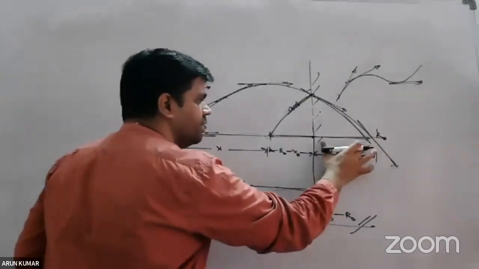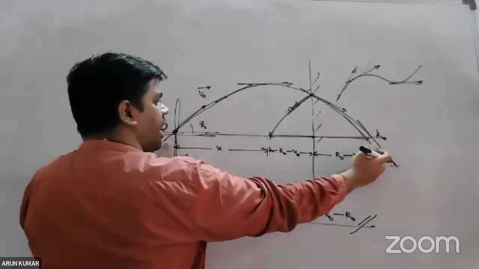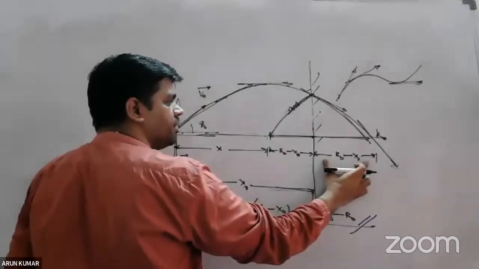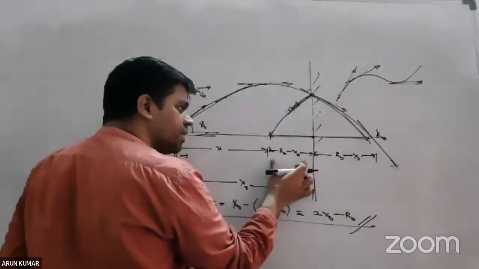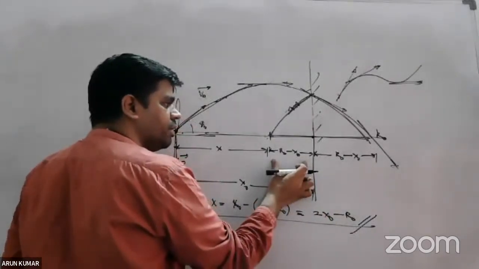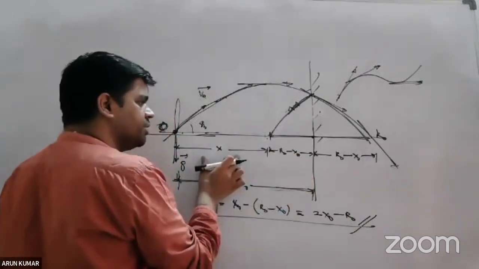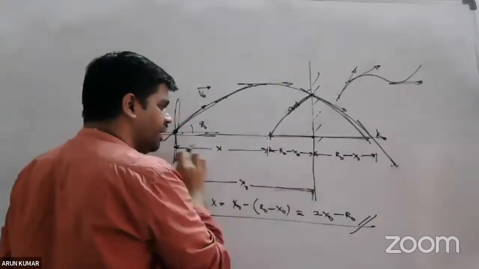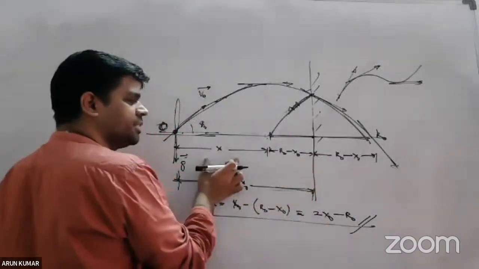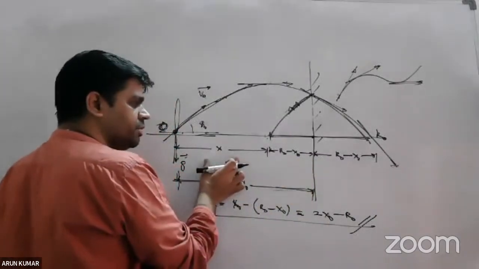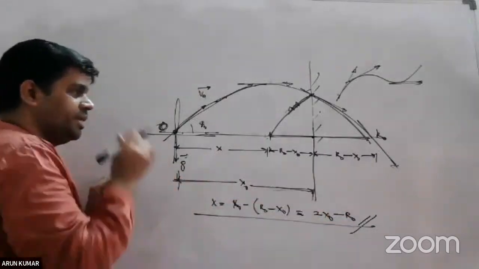The total distance is r naught, so this one is r naught minus x naught. So this is also r naught minus x naught. The total is x naught, so x naught minus (r naught minus x naught) is x. So 2x naught minus r naught.